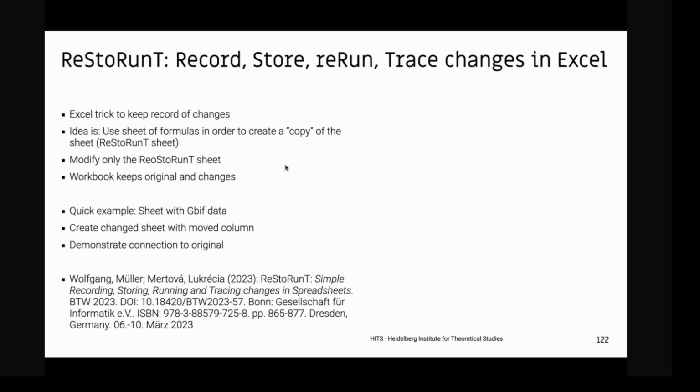So I just made a small quick example. The small quick example is in the package linked already. That's the GBIF1 Excel, I think, and there's a GBIF1 ReStoRunT also, should be the name.